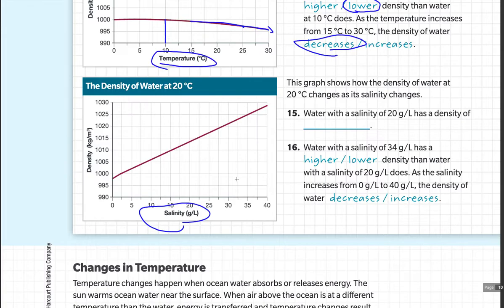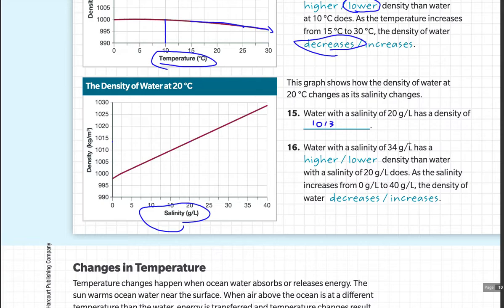Here is a graph for salinity. Water with a salinity of 20 grams per liter has a density of, so 20 grams per liter is here, so that's about 1,013 kilograms per meter cubed.